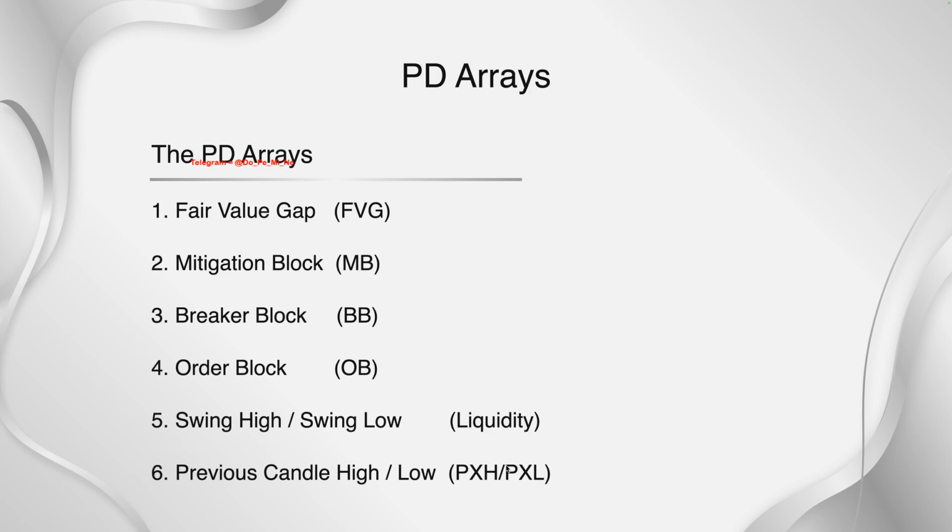Now, I personally would highly advise, and I cannot stress this enough, do not add anything into this. Do not add any other PD array into this PD array list. And the reason for that is because we will simply lose accuracy. If we do not follow the steps here, then we do not follow order flow anymore.